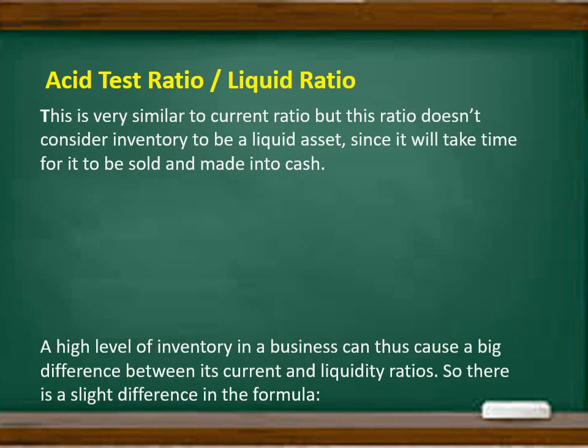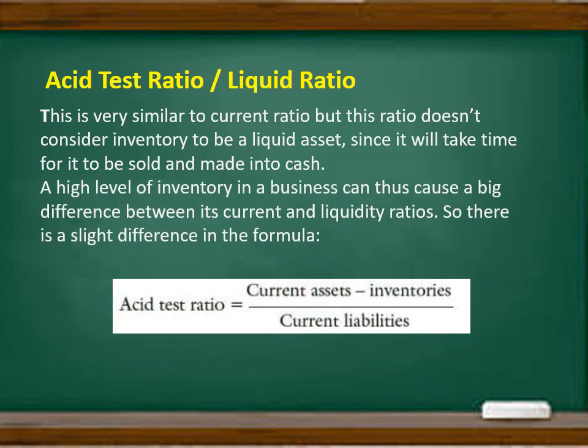Similarly, the acid test ratio or the liquid ratio is similar to the current ratio, but from the current assets, you deduct inventories before you evaluate it versus the current liabilities. Because a high level of inventory in a business can create a difference between its current and liquidity ratios.